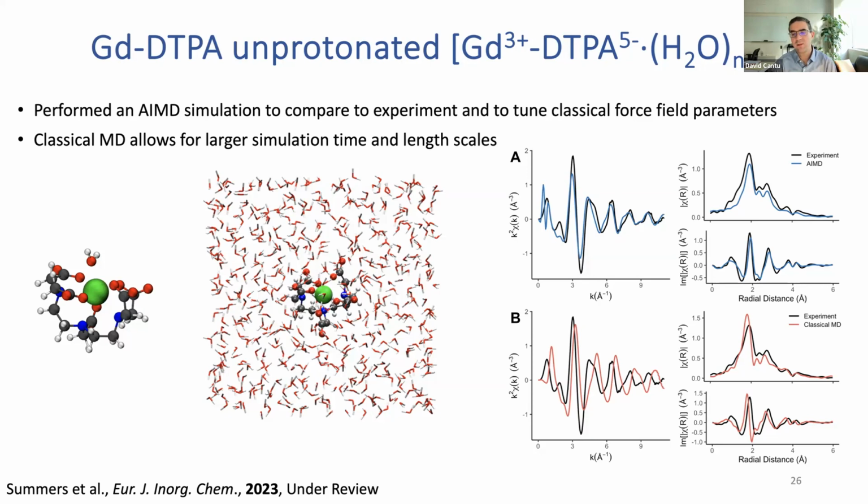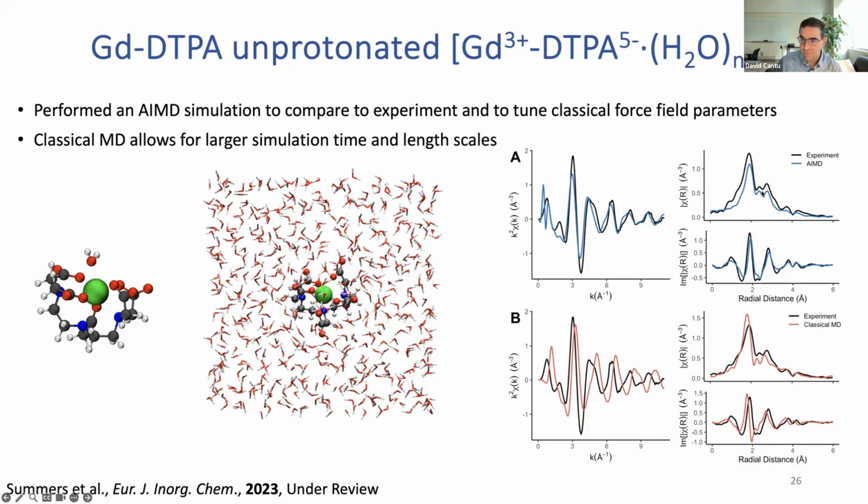And classical MD will allow us to sample events like in the aqua ions, the change in coordination number, or solvent exchange events that we can't get with ab initio MD. And so this frame here is the classical one. We used a smaller solvent box with ab initio MD. And because DTPA has so many protonation states and there were so many complexes to simulate, we wanted to move to classical in order to simulate all of them.